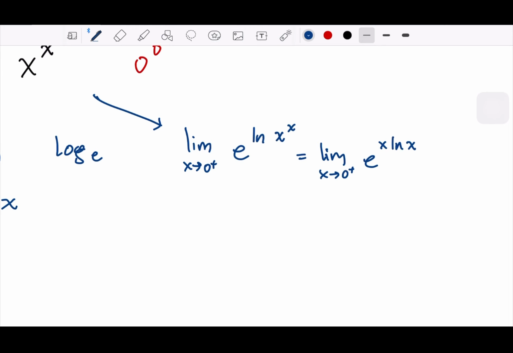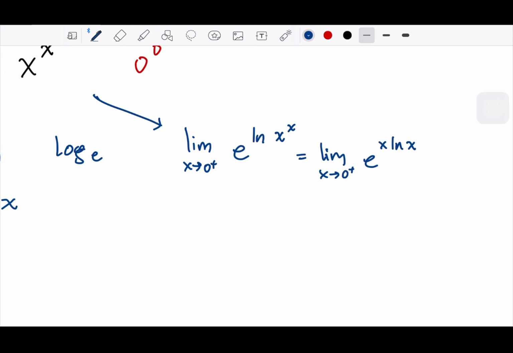And because it's e, and remember, e is not a variable, it's a constant, it's a number. E is a number, 2.78 something. So because it's a constant, we can think that the limit will affect the variable, right?